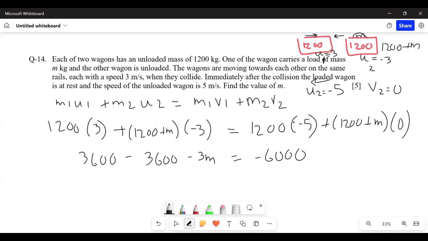That's it. So this and this get cancelled. 6000 divided by 3 is 2000. So the answer is coming out to be m is equal to 2000 kg, which is the correct answer.